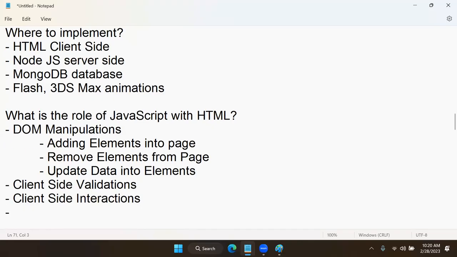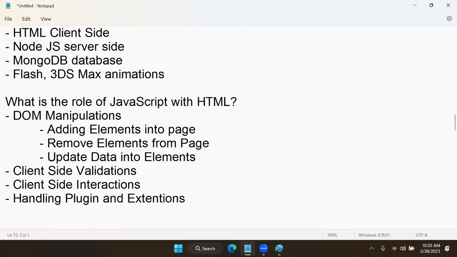It is used for handling plugins and extensions in the browsers. For example, your browser is not enabled with cookies. If cookies are not enabled, you can't log in to any website. Then how does the browser know whether cookies are enabled or not?